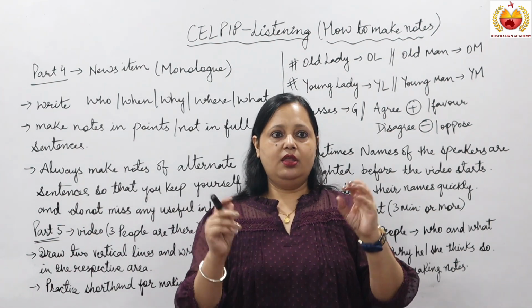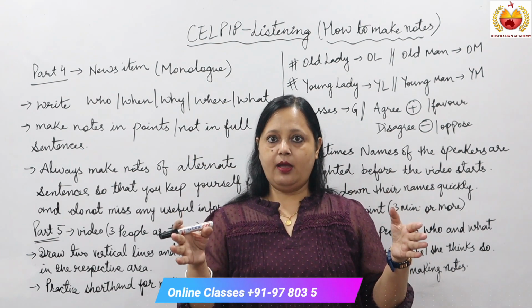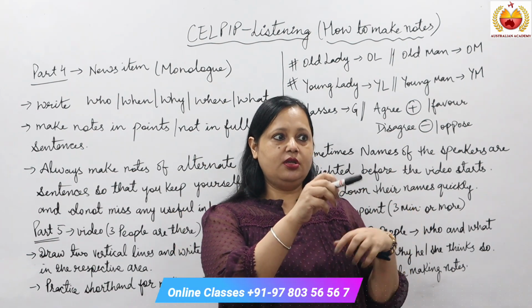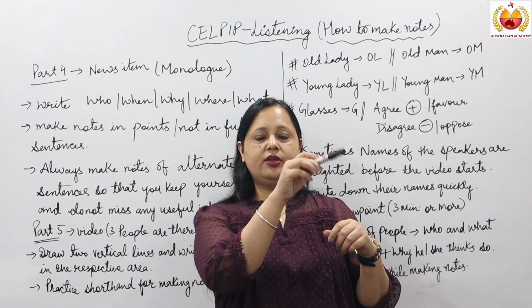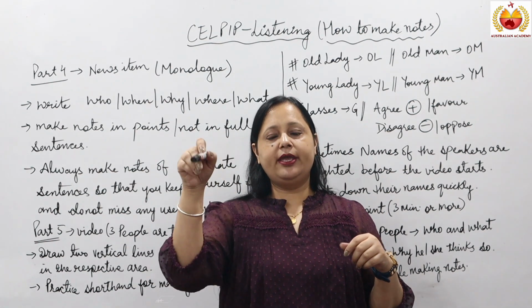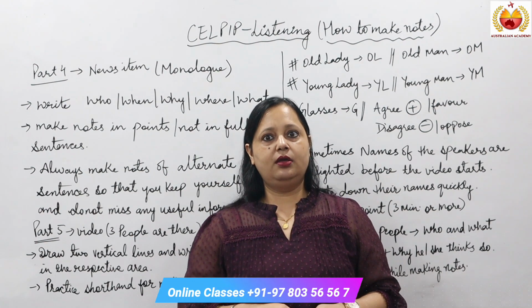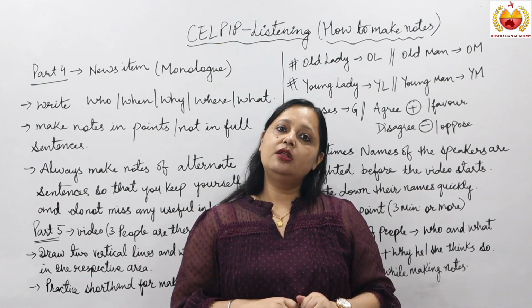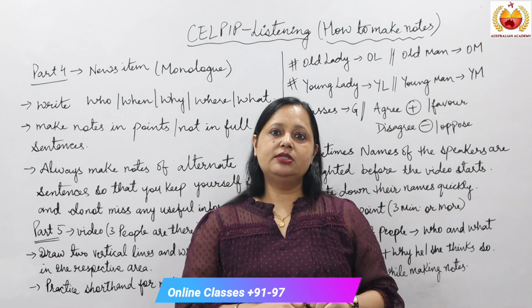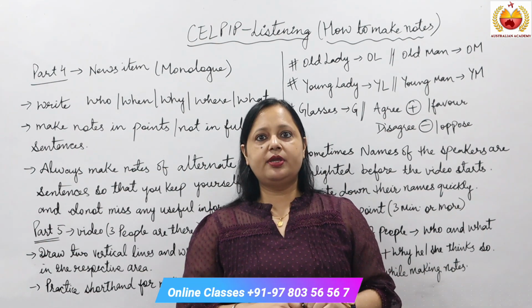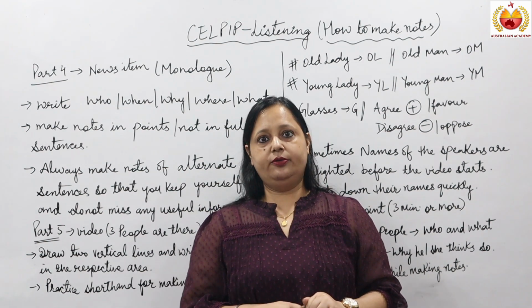As soon as the video starts playing, you can just look at the picture and write OL for old lady, YM for young man, like this. So it becomes easy and quick. Writing in long hand will consume a lot of time and you might miss the beginning of that video.